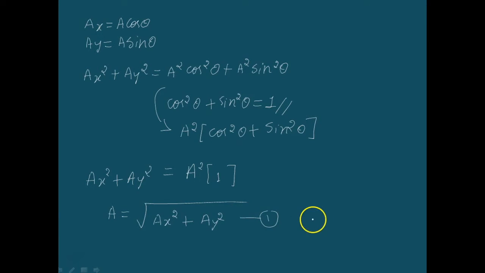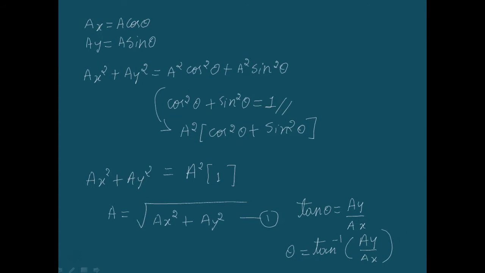Then how to find the value of tan theta? Yes, we can find the value of tan theta as ay by ax, and we want theta, so by taking the inverse, we can find theta also.